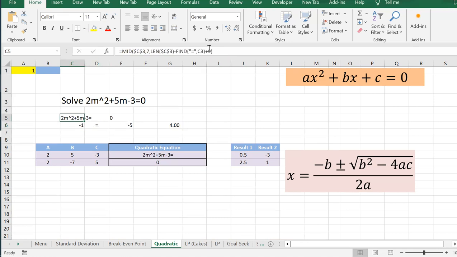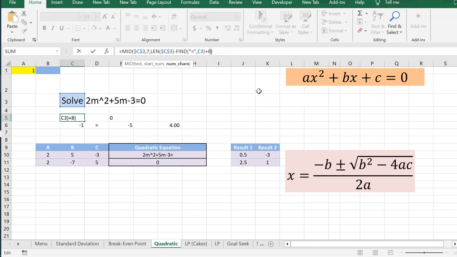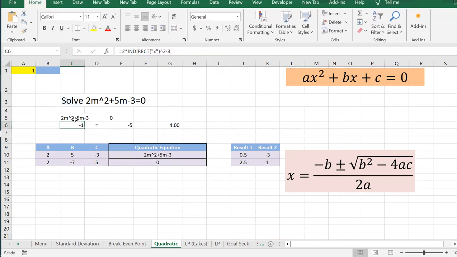So we don't want the equal to sign to be here. Okay, make it 8. So it has brought the left side of the equation in here, and it is now doing all these things. It means 2m square minus 5m. Okay, then it is plus 5 this time.